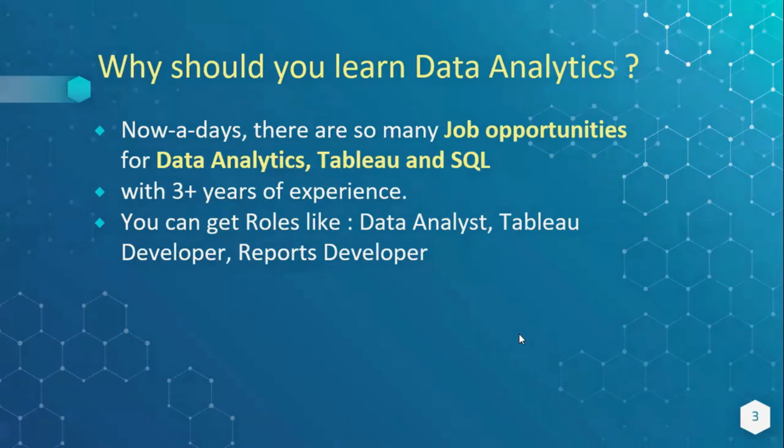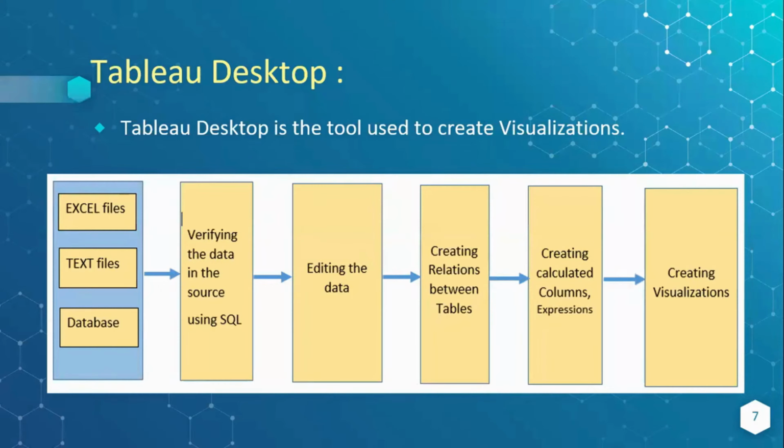For example, if we are working on a banking project, interest calculations, EMI calculation, closing balance, outstanding balance, all those things will be there. So depending on the project, there will be different types of calculations.